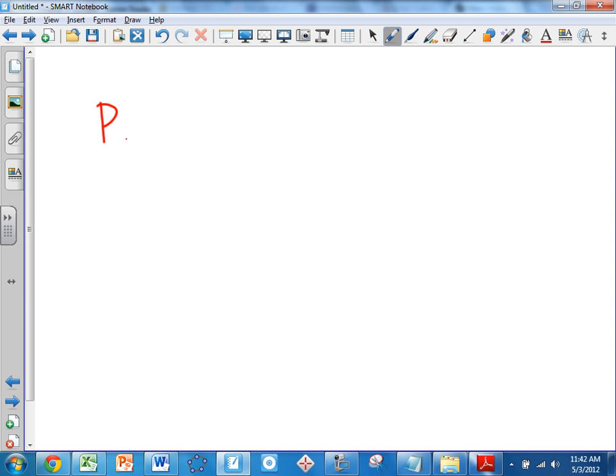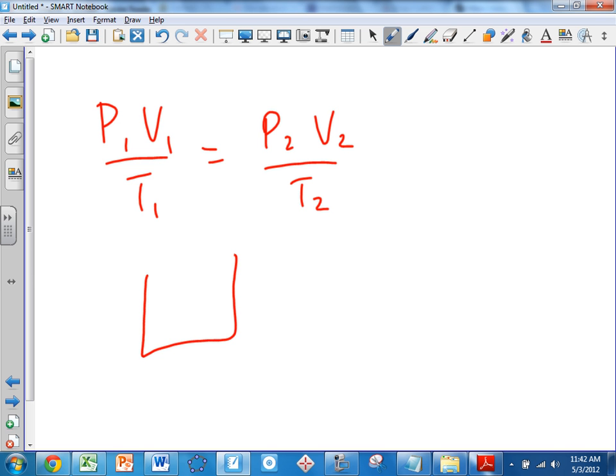So remember this formula: P1V1 over T1 equals P2V2 over T2. Again, this came from PV equals nRT, our ideal gas law. So what this tells me is this: if I've got a closed container and I were able to add heat to it, if I suddenly put a heat source underneath it, as we did in the lab the other day, what happens to the pressure?